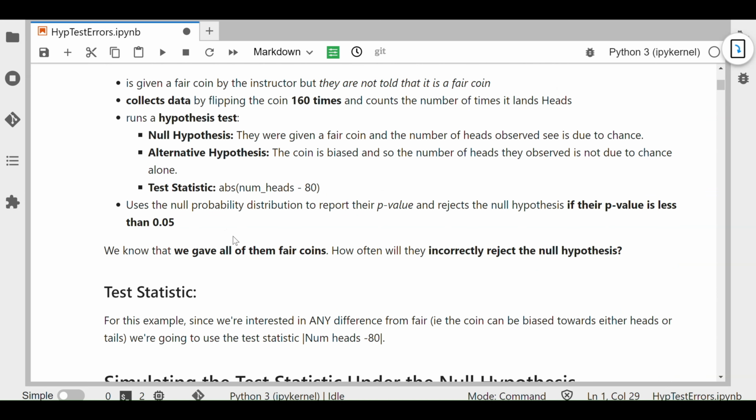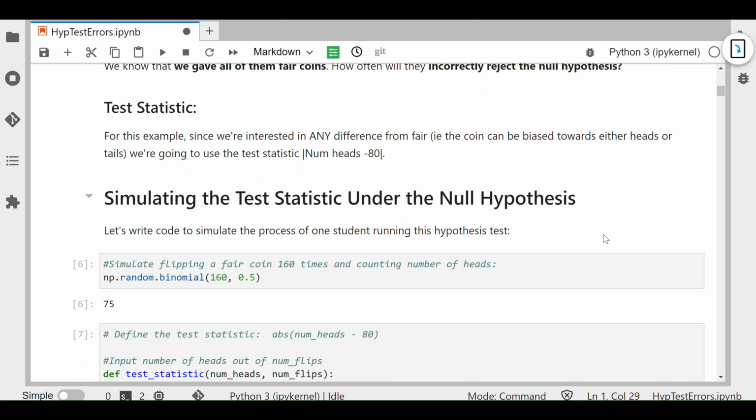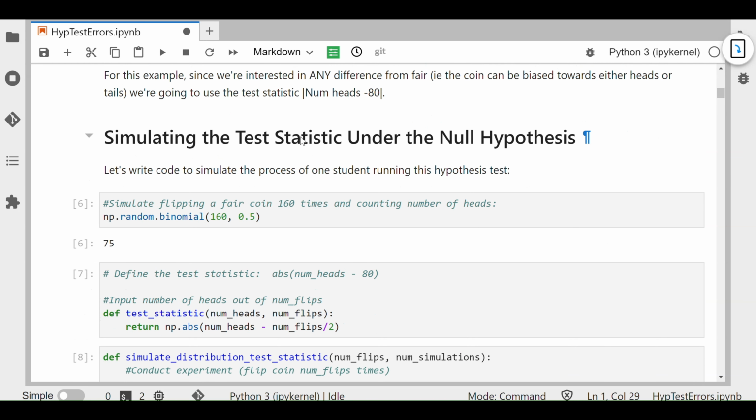Unbeknownst to them, we gave all of them fair coins. So we want to know how often they will incorrectly reject the null hypothesis. In order to reject the null, they're going to need a p-value that's less than or equal to 5%.